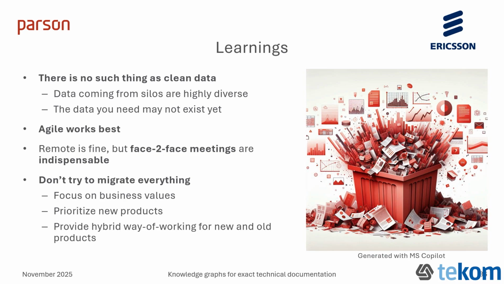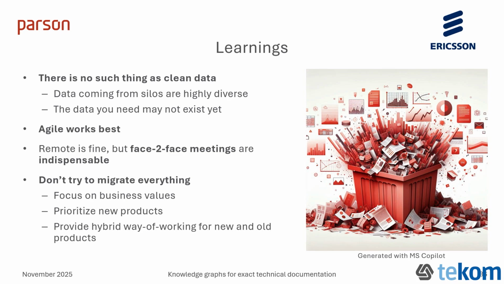Remote working is fine, but you need some face-to-face meetings. You need to know the people you're working with, as this is highly collaborative. And you might not want to apply this to all products you have in your enterprise, because not all might be able to invest in something like this. So you need to focus on where most of the business value is.